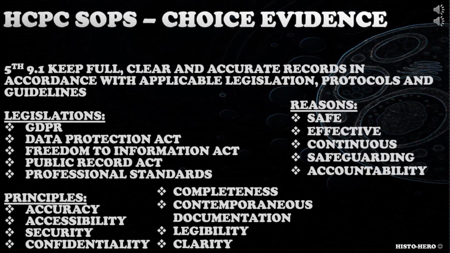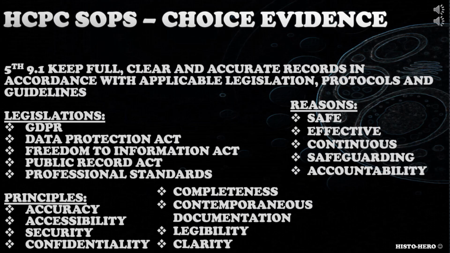The fifth standard is, keep full, clear and accurate records in accordance with applicable legislation, protocols, and guidelines. This standard requires you to keep full, clear, and accurate records that reflect relevant legislation, protocols, and guidelines. First, find out what those legislations, protocols, and guidelines are, and what they state when it comes to record keeping.